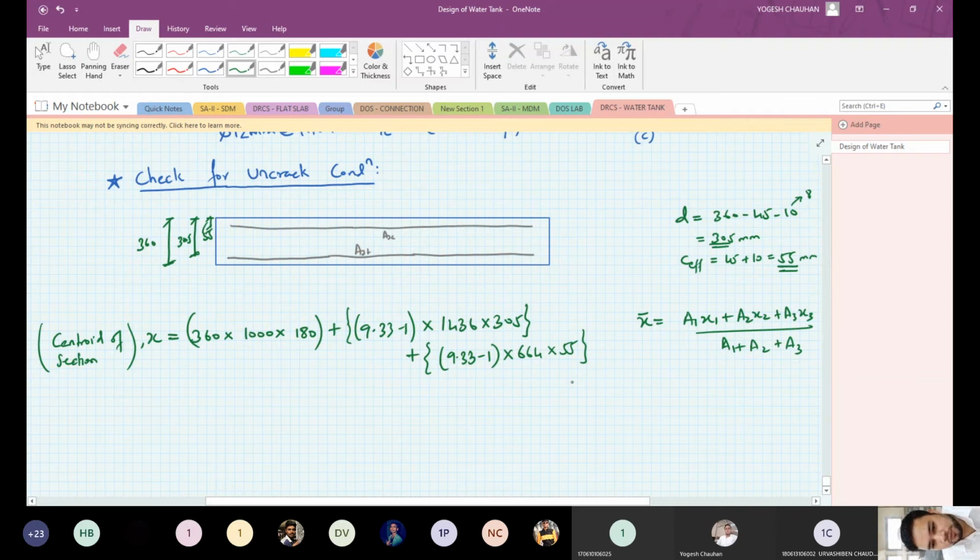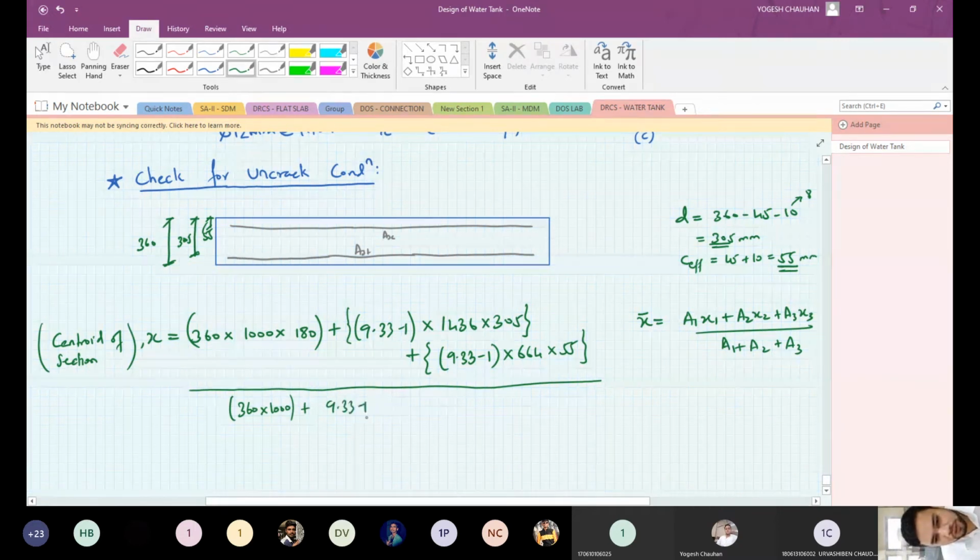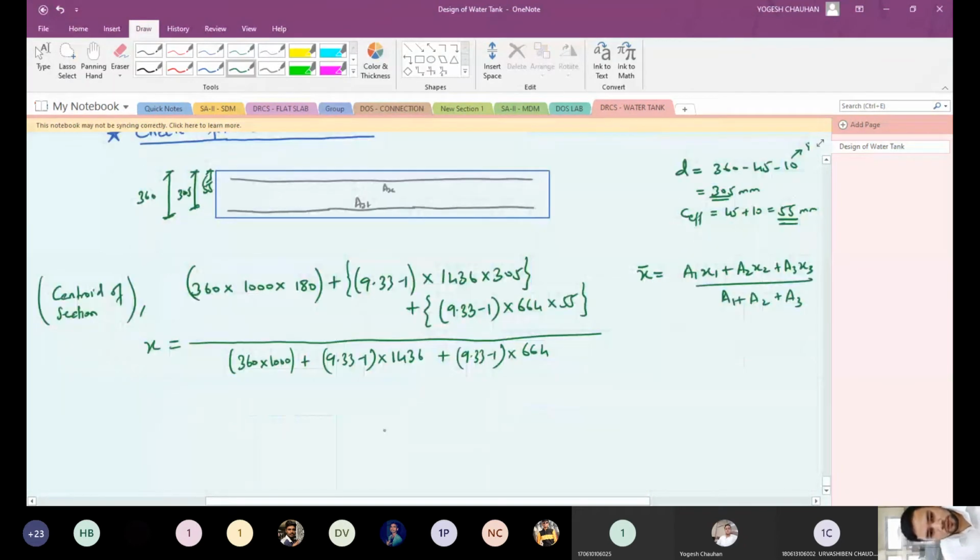And this is divided by the area, that is 360 into 1000 plus m minus 1, that is 9.33 minus 1, into the area of the steel provided, that is 1436, plus 9.33 minus 1 into 664. So you will get the value of x as 182.